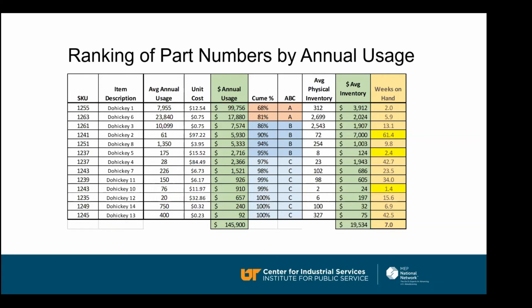Now, a couple of things are going to come up. A lot of things are going to come up, I promise you that. But there are two themes that I see a lot of times in this scenario. The first is that an individual item will have weeks on hand that's far different than what you expected.